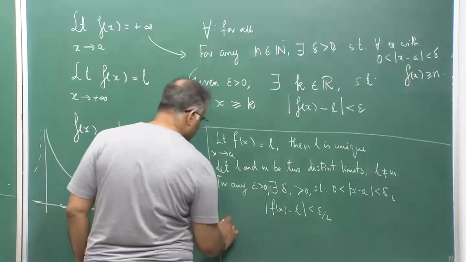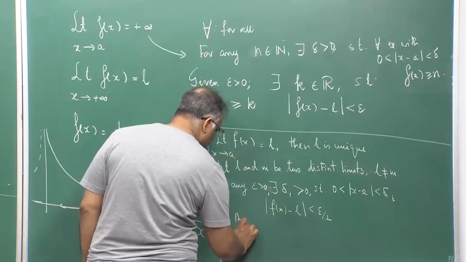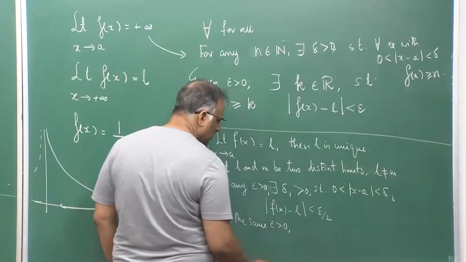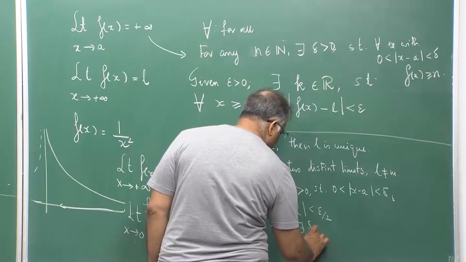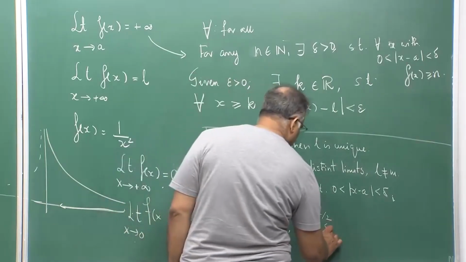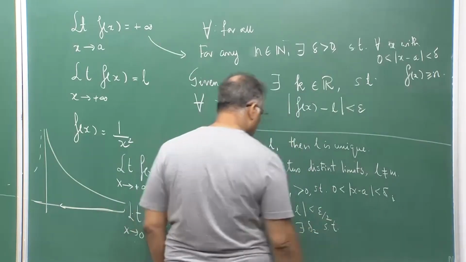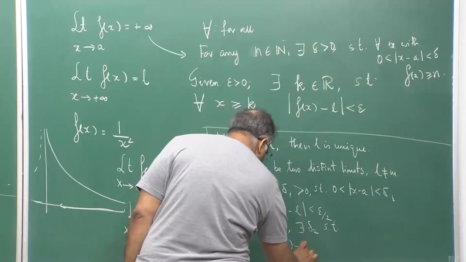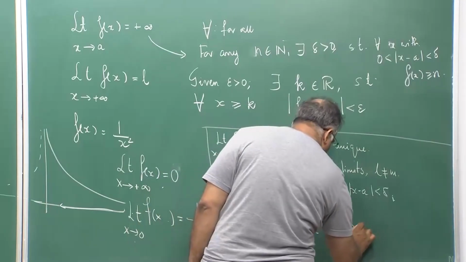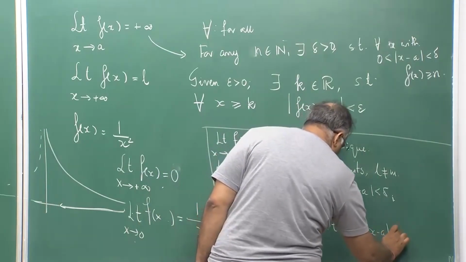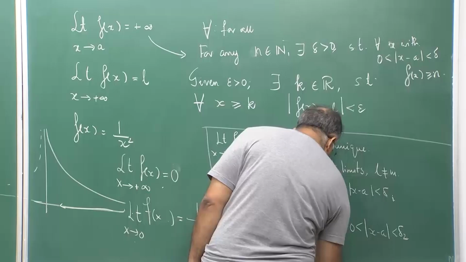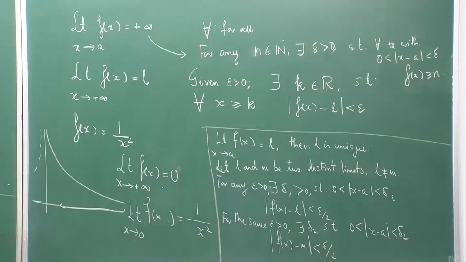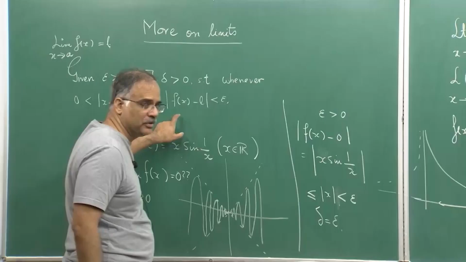Similarly, for the same epsilon, there exists delta 2 such that |f(x) minus M|, the other limit, is less than epsilon by 2 whenever x is in this range. So you simply blindly applied this definition here.